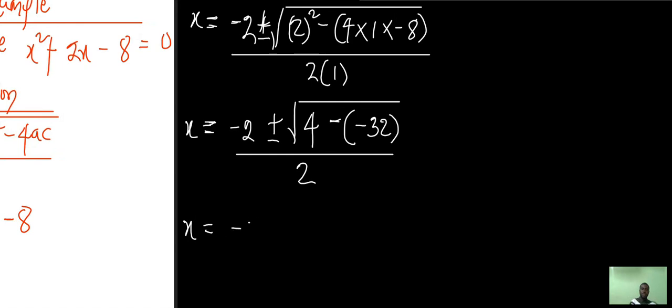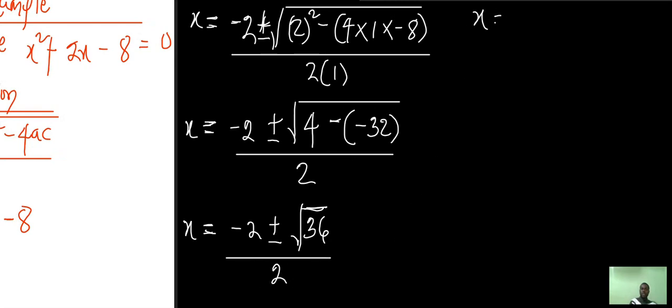x equals negative 2 plus or minus square root of, negative times negative is positive, 4 plus 32 is 36, all divided by 2.